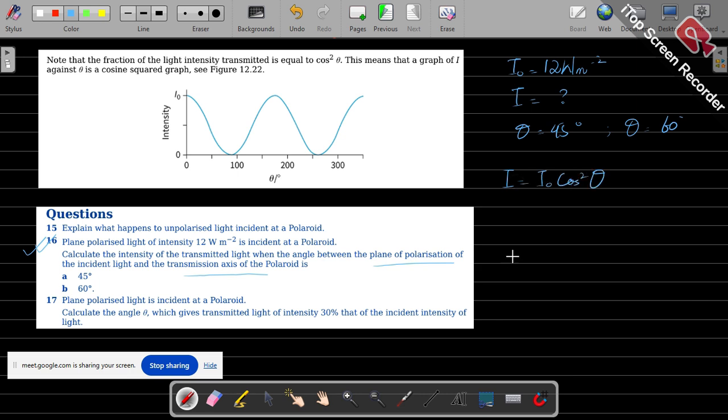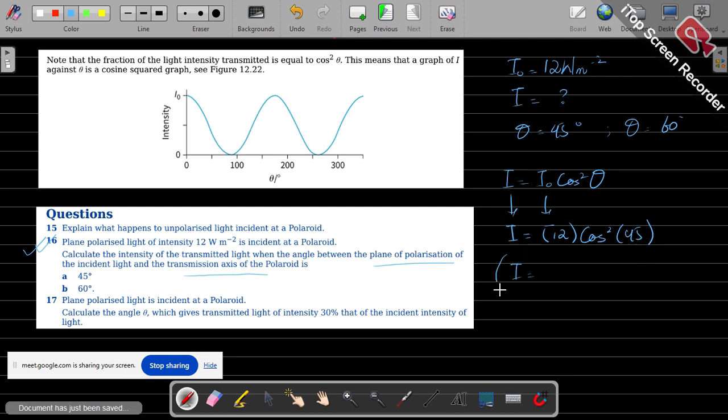The equation is this. The transmitted intensity we have to find out. The incident intensity, they have said it is 12, cos square 45, and you will get final answer because cos is a trigonometric function. Final answer में कोई unit नहीं आता, it is just a numerical value.